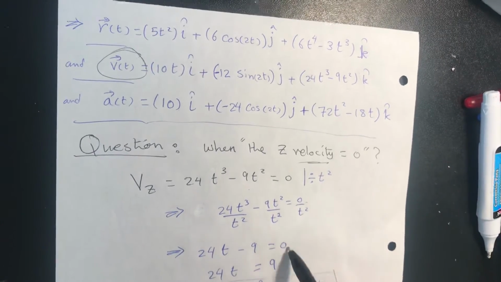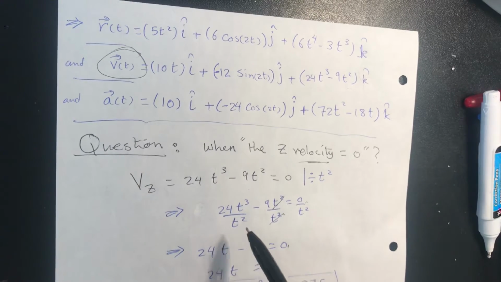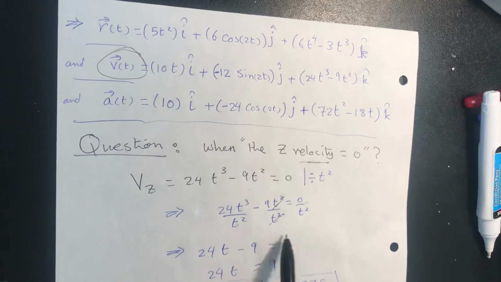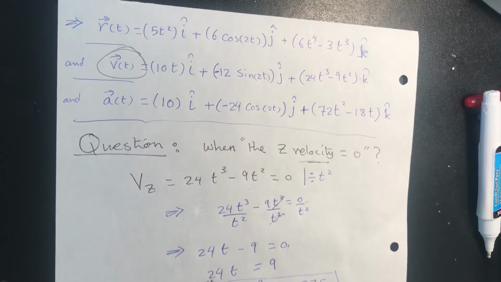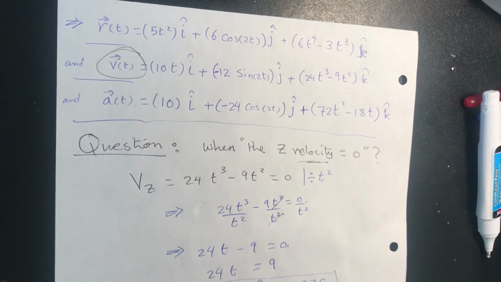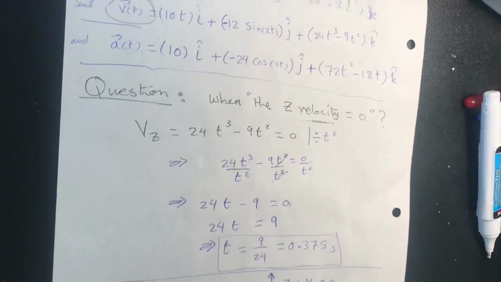Then this will be 0, and we have 9, and here we have 24t. Move minus 9 to the opposite side: 24t is equal to 9, then t is equal to 9 over 24, which is 0.375 seconds.